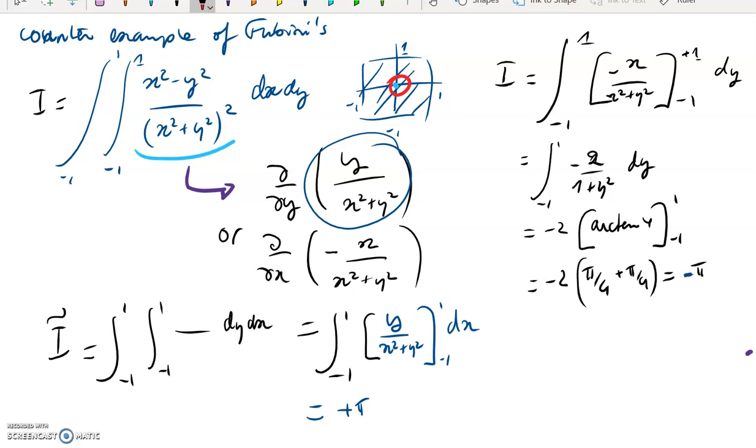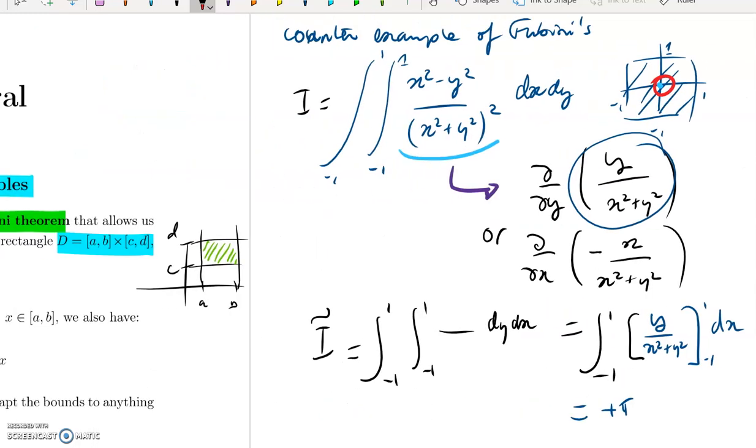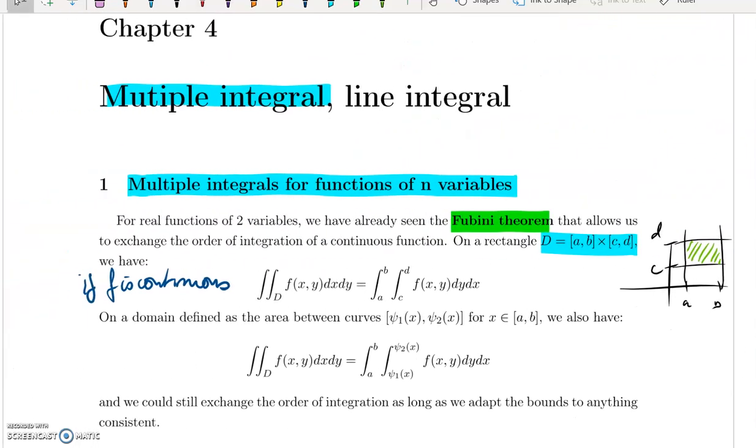Again, to prove that it's not continuous at 0, maybe use polar coordinates. That seems an excellent idea here. So that was a counterexample: you shouldn't use Fubini's theorem without first checking that your function is indeed continuous everywhere.